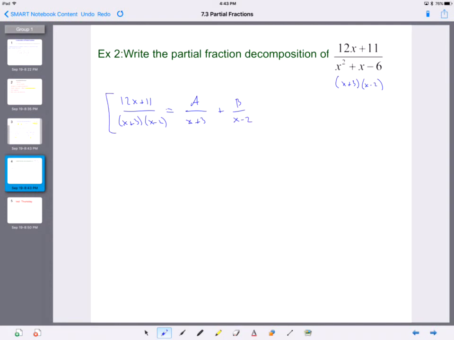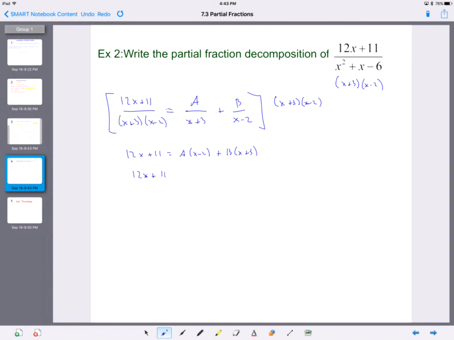And now this whole thing gets multiplied by the common denominator, x plus 3 and x minus 2. And remember, the reason you're multiplying by the common denominator is so that you get the denominators to cancel. So that will leave us with 12x plus 11 is equal to a times x minus 2 plus b times x plus 3.